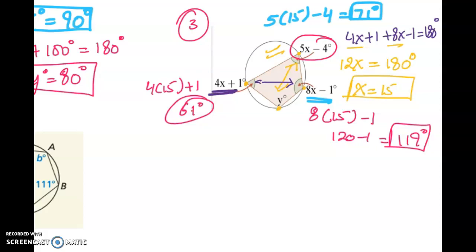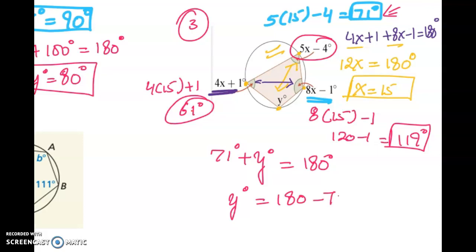I know 5x minus 4 is 71 degrees. So 71 degrees plus angle y degrees should be equal to 180 degrees. Remember, because they are supplementary. If I solve this, I will get 180 degrees minus 71 degrees, and that should be 109 degrees. So this is how you will solve these types of problems.